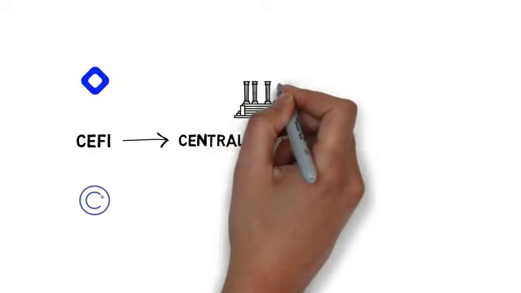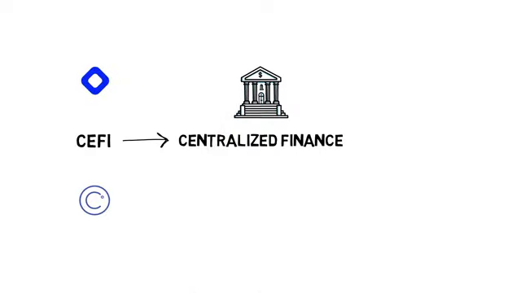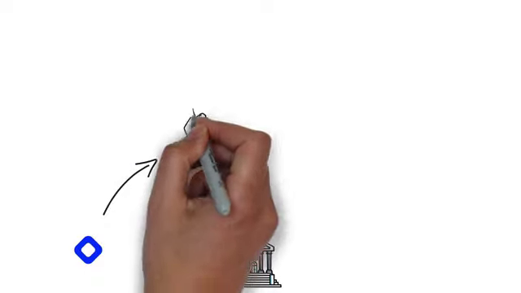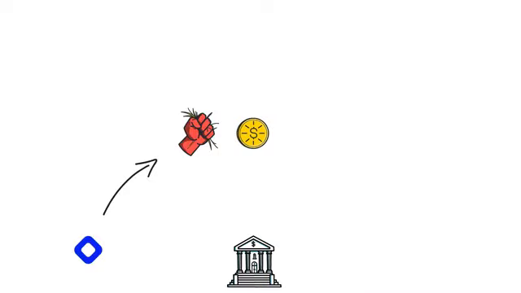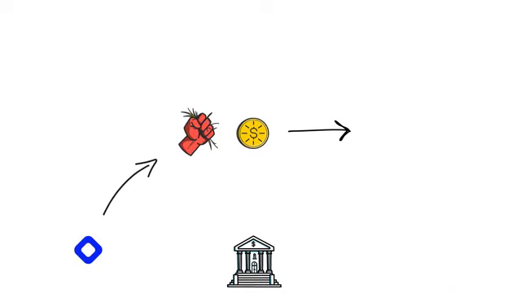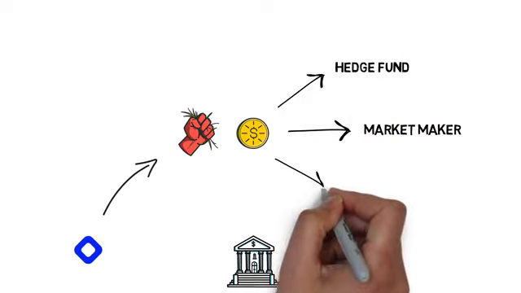CeFi, or centralized finance, operates in a very similar way to how banks operate. This is also why sometimes we call these companies crypto banks. BlockFi, for example, takes custody over deposited assets and lends them out to either institutional players, such as market makers or hedge funds, or to the other users of their platform.